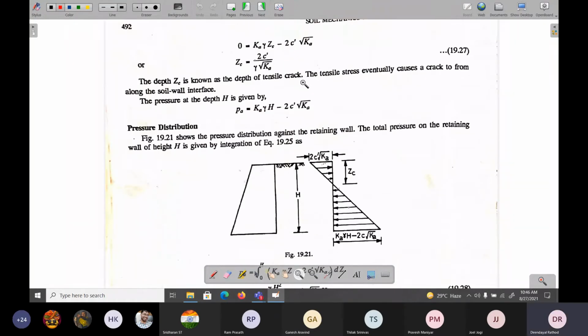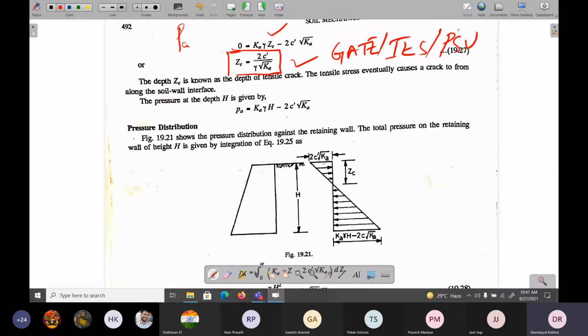What we are doing is making the active pressure 0 here and seeing where it is exactly 0. When it is 0, whatever Z is, is nothing but Zc. This is very, very important for GATE or IES.